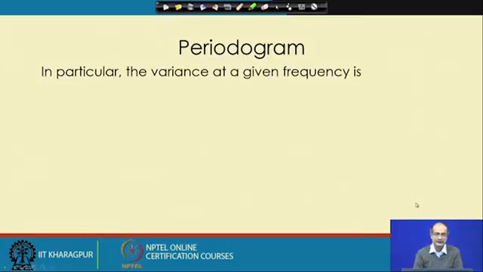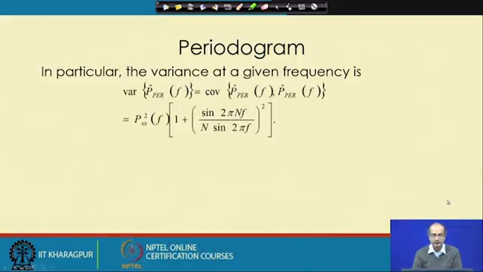So, let us look at now the case of variance, what happens. For the variance, we have f1 equal to f2 equal to f. So, in that case, out of the 2 sinc terms, one will vanish, where we had the term f1 minus f2, and the other term, f1 plus f2, will give rise to this expression.